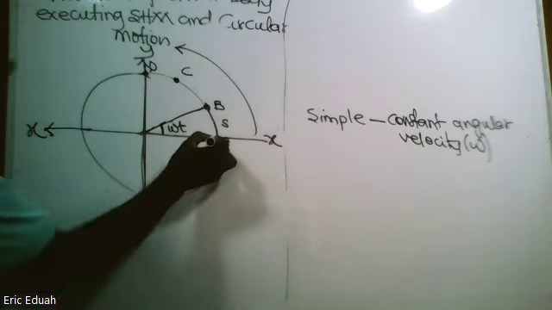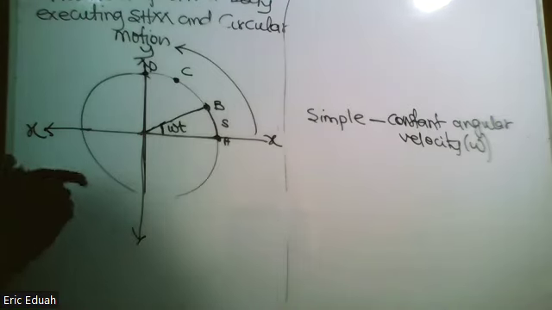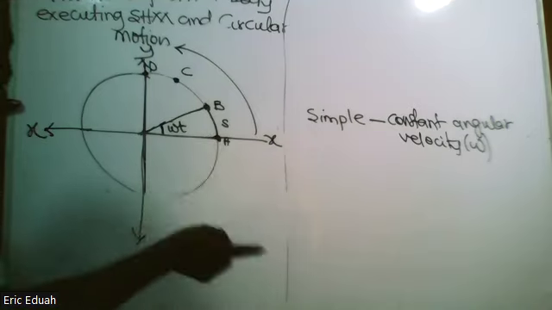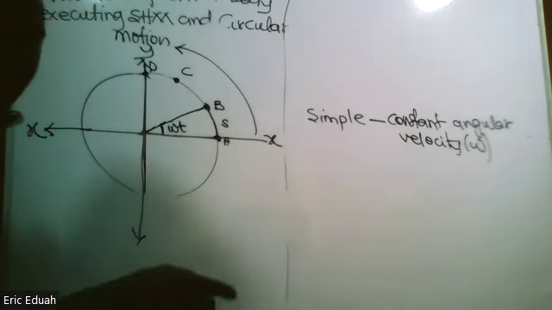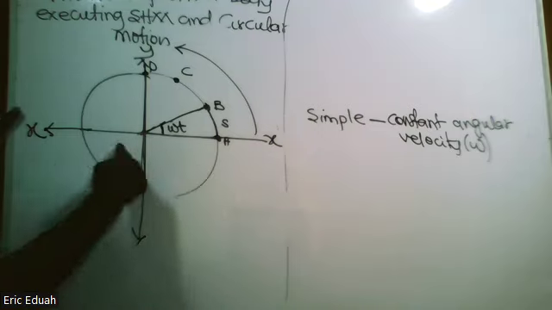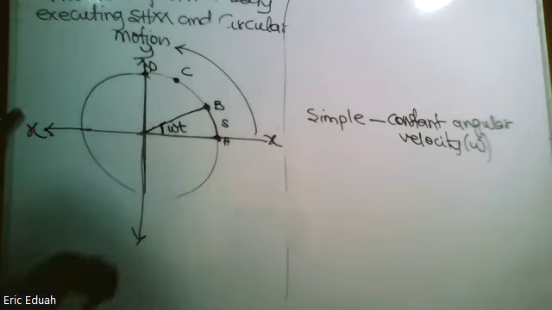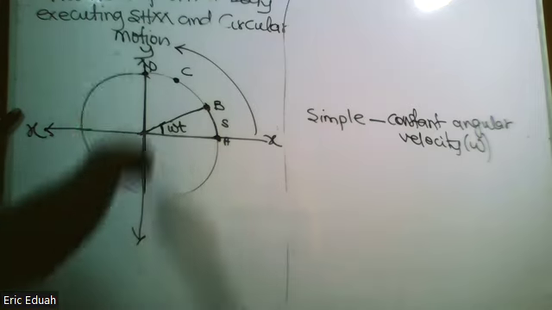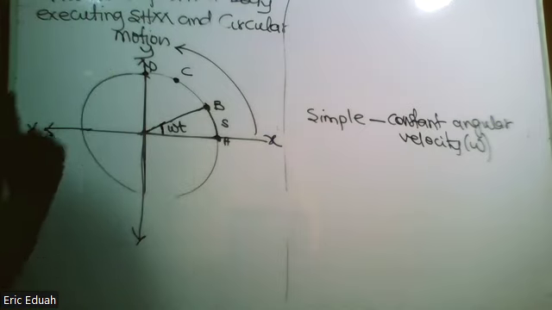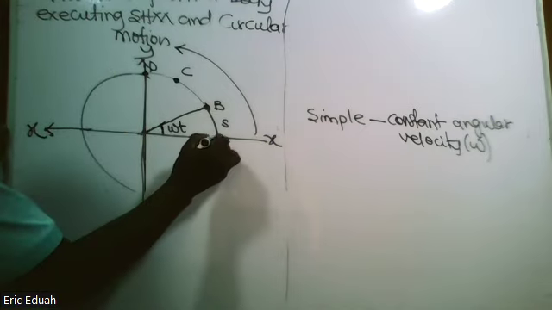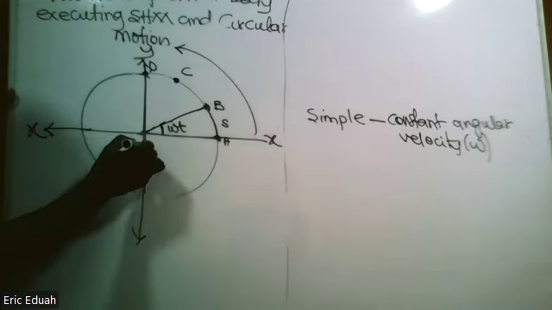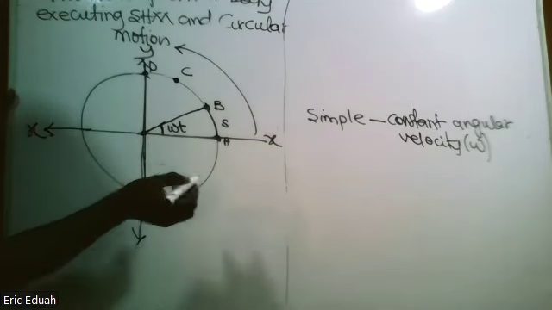Now, when it is here, we want to always trace the position of the body as it is embarking in a circular motion to its image along the vertical or horizontal, along the y-axis or the x-axis. Let's look at the y-axis first. If the body is at A, its component along the y-axis is 0.